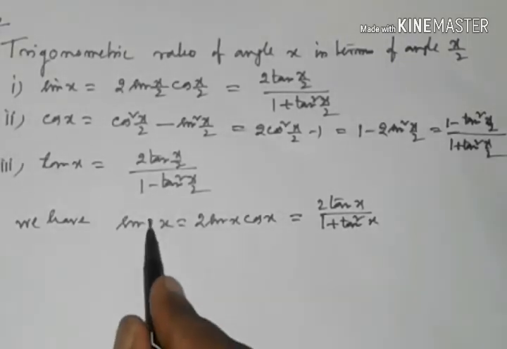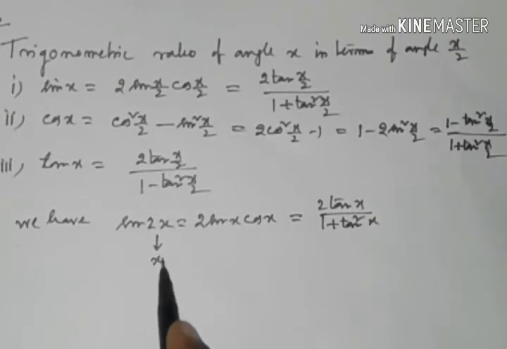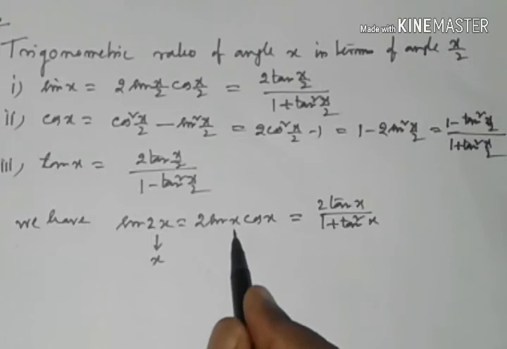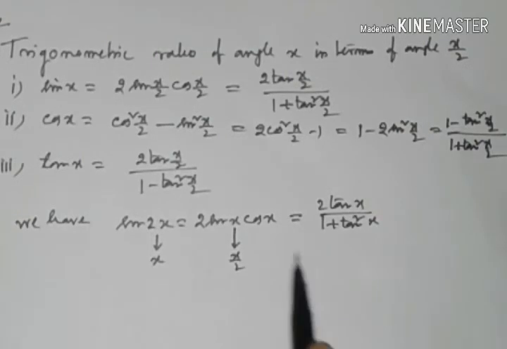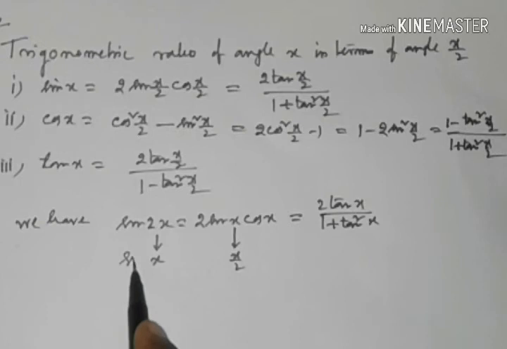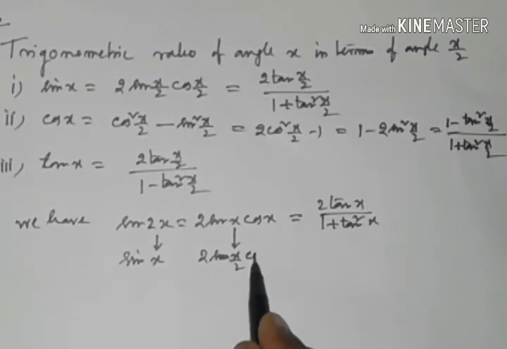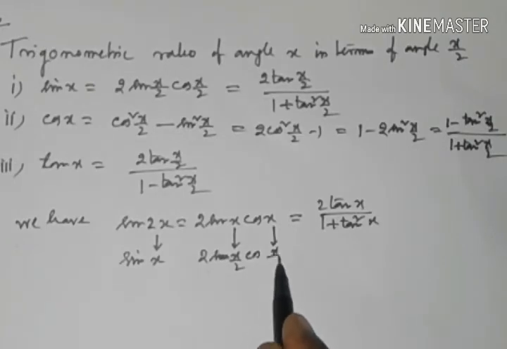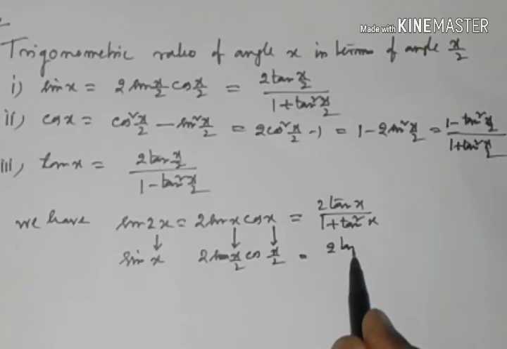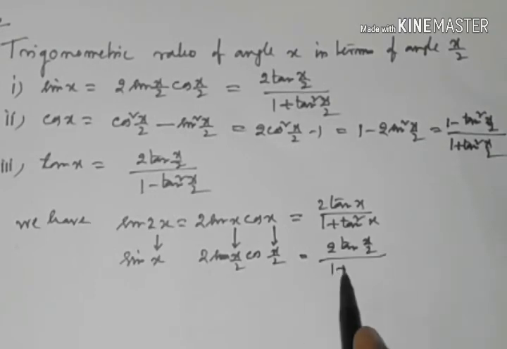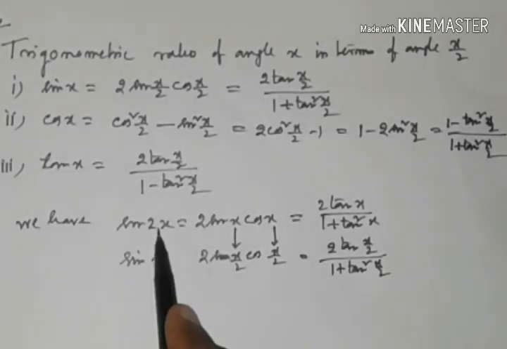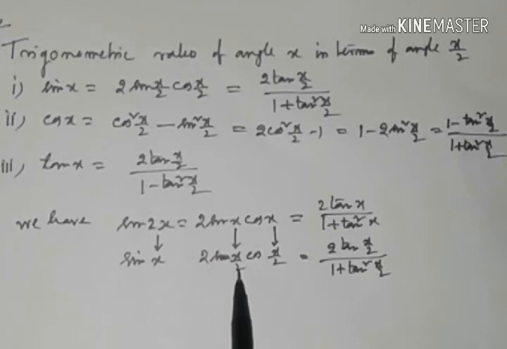If we consider 2x as x, then x will be converted to x by 2. Therefore, this is sin x, this is 2 sin x by 2, this cos is also converted to x by 2, and this is 2 tan x by 2 by (1 plus tan square x by 2). Since there is angle twice x and half of the angle x, if there is x, half of the x is equal to x by 2.